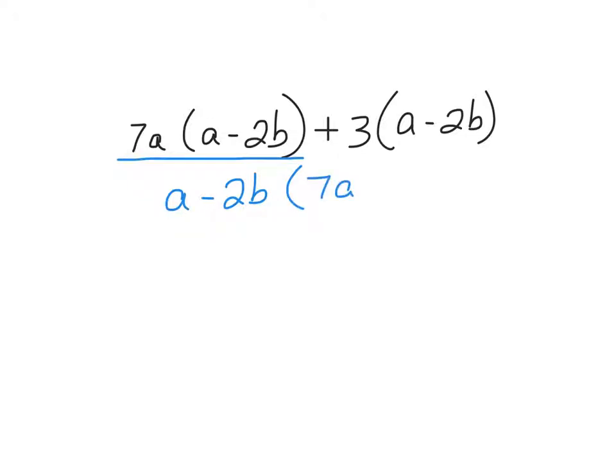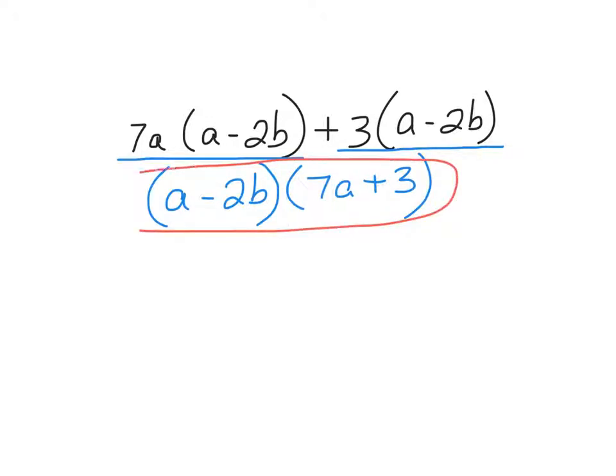In the second term, if I factor out my a minus 2b, I'm left with 3. Once again, I need to put the a minus 2b inside the set of parentheses because it's a minus 2b times that 7a plus 3. So my final answer is exactly as I have it written, a minus 2b in parentheses times 7a plus 3 in parentheses.